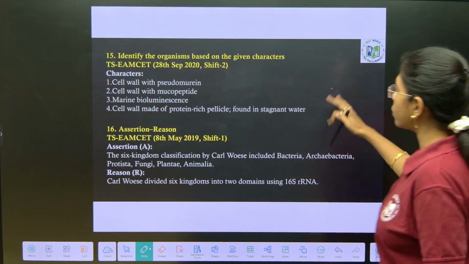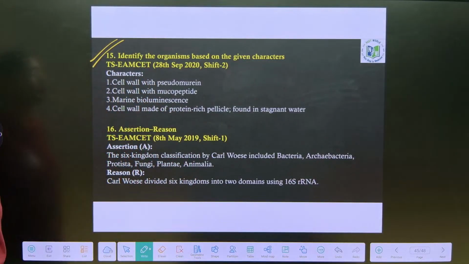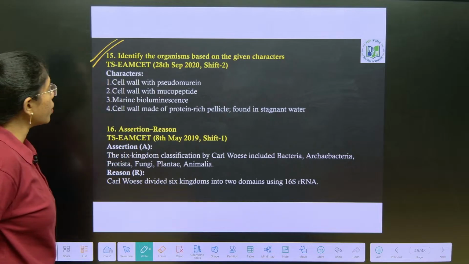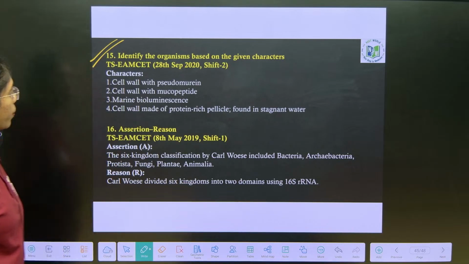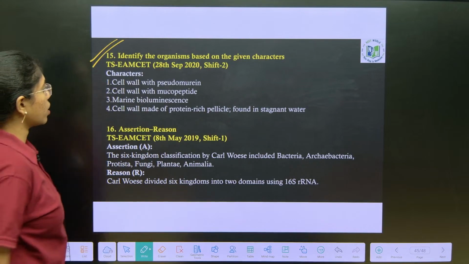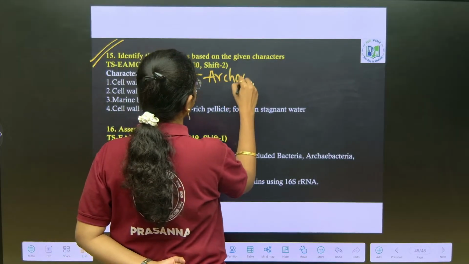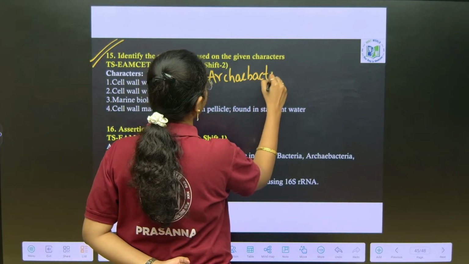Next, 15th question. Identify the organisms based on the given characters. Cell wall is pseudomurein: Archaebacteria.